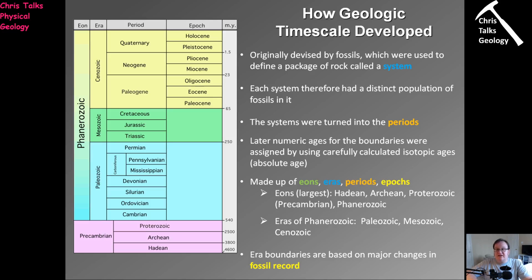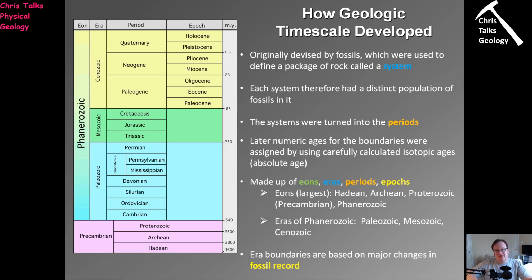So later on, we added numerical values to these boundaries as discussed. So the geologic timescale is, of course, made up of these eons, these eras, these periods, these epochs. And we can see that the largest units are, of course, the eons. So that's the Phanerozoic and the Precambrian. And then we have our eras, the Paleozoic, the Mesozoic, the Cenozoic.